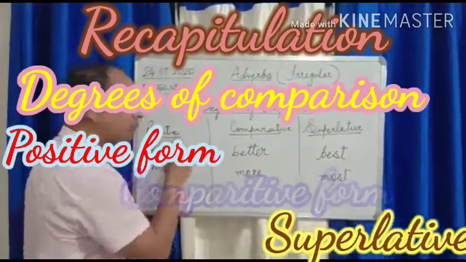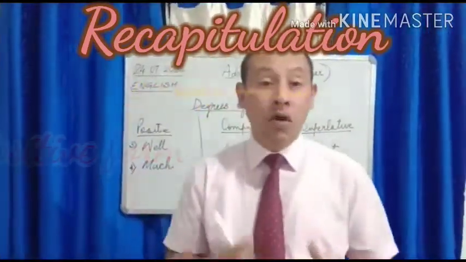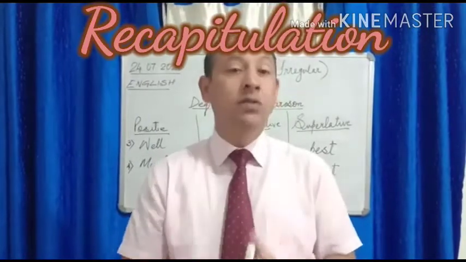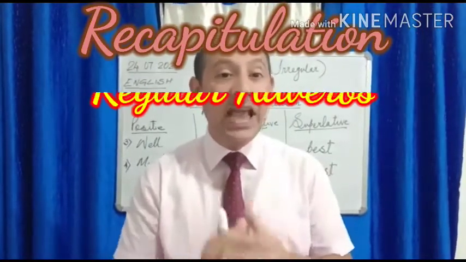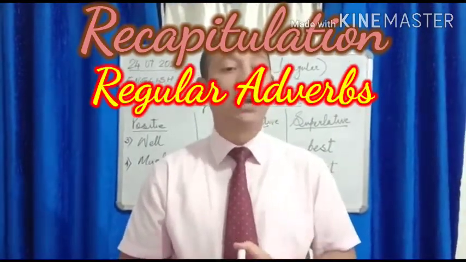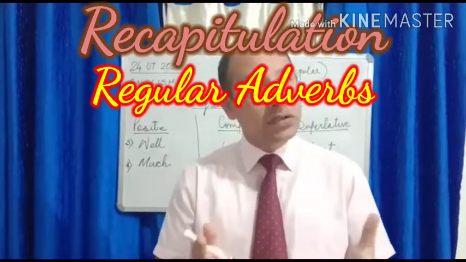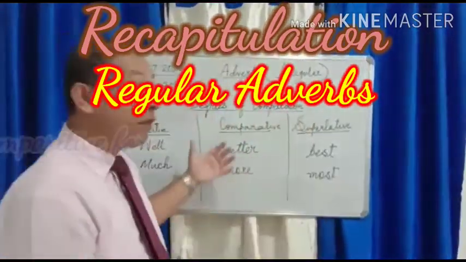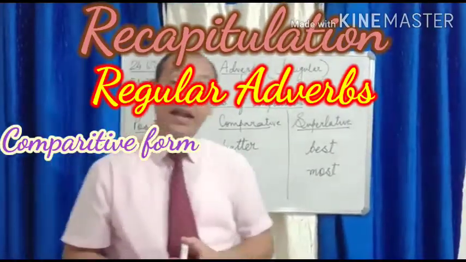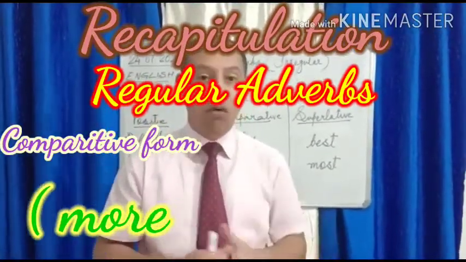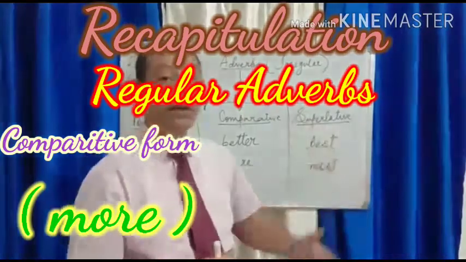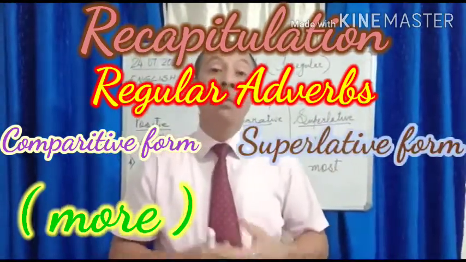The next one was regular adverbs, but ending in ly. Words which are adverbs ending in ly, having two syllables, right? Like slowly. How do we make it comparative? By adding more. How did we make it superlative? By adding most.